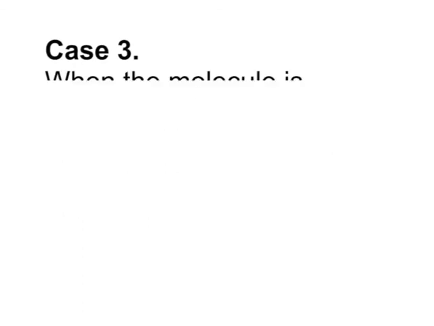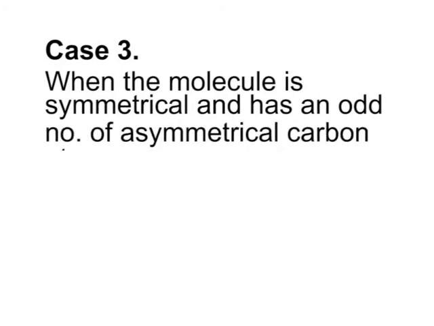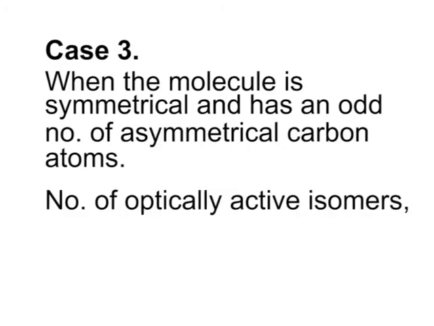Case 3. When the molecule is symmetrical and has an odd number of asymmetric carbon atoms. Number of optically active isomers A is equal to 2 to the power n minus 1 minus 2 to the power (n upon 2 minus 1 upon 2).